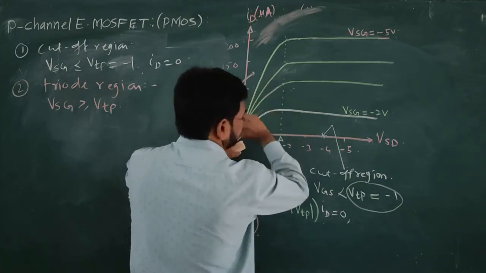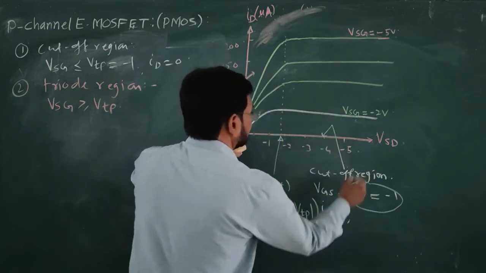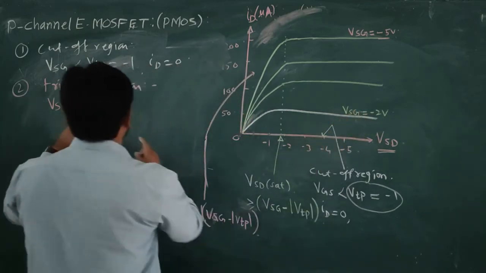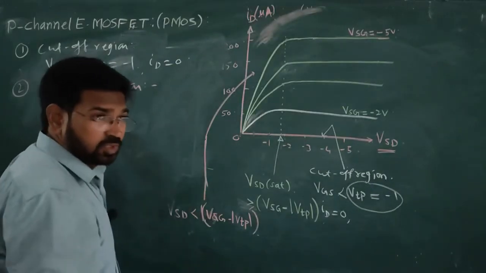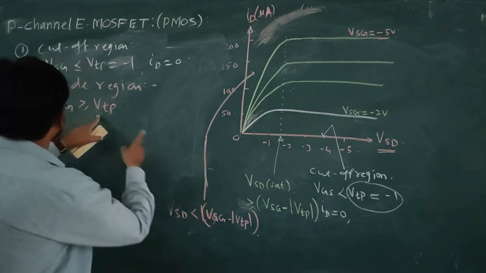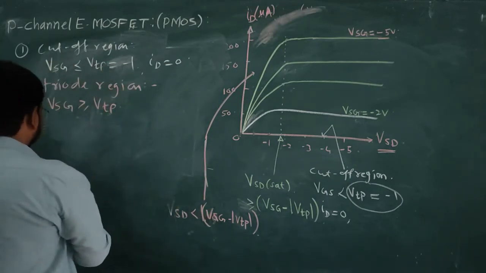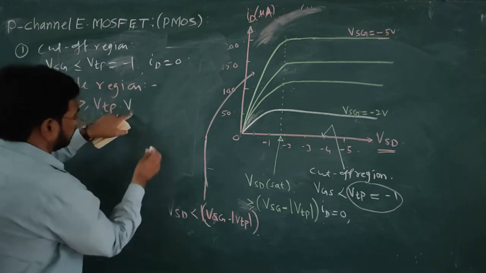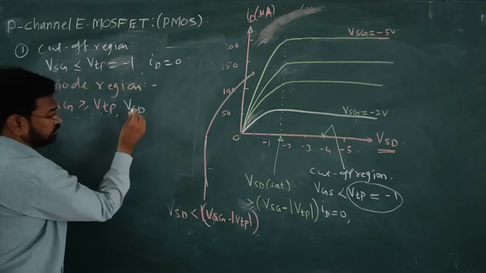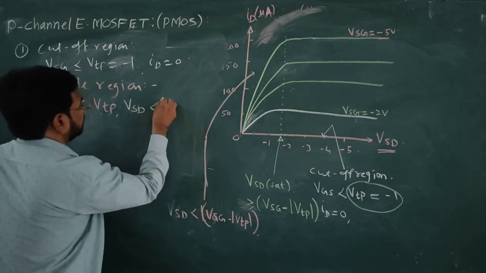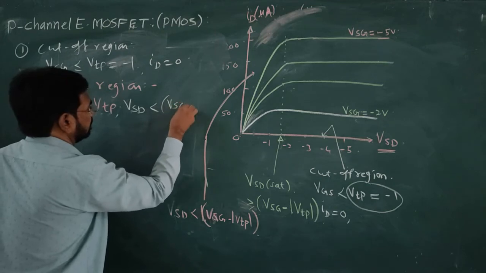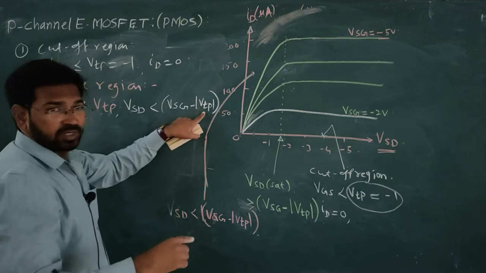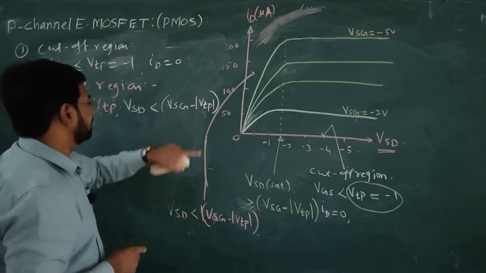The current changes according to the change in VSD. VSG is required to be greater than the threshold voltage to turn on the device. We can write one more condition: VSD should be less than VSG minus mod of VTP. VTP is negative, therefore every time we take the modulus of VTP.